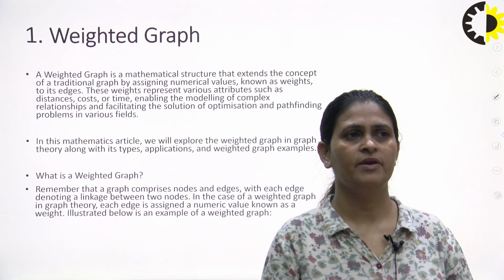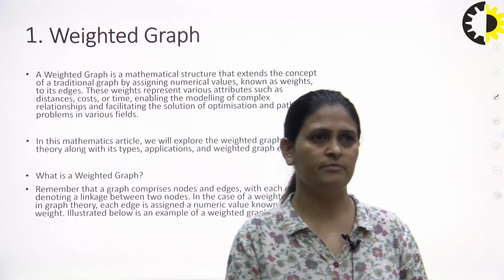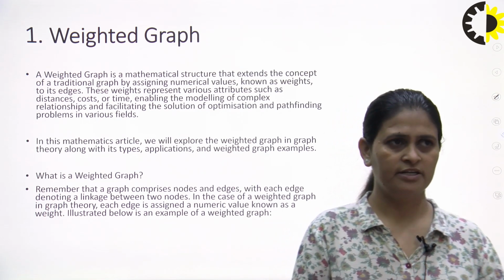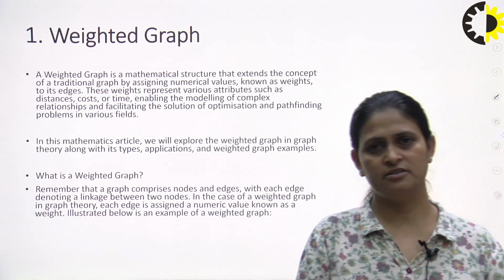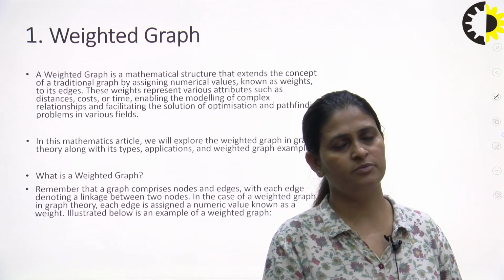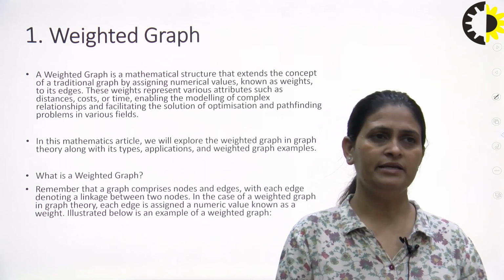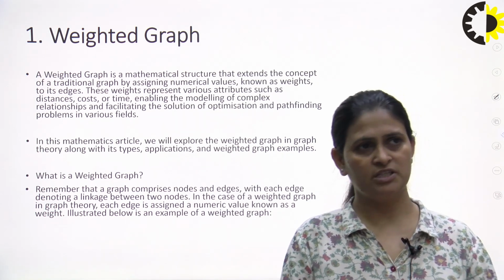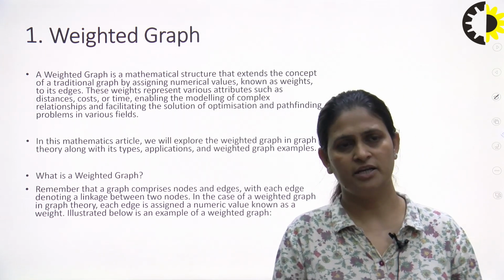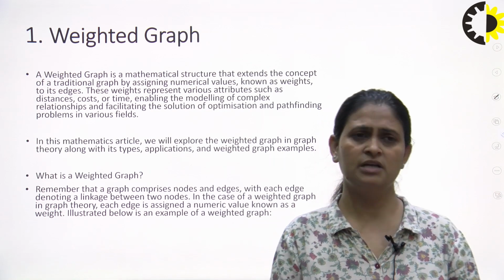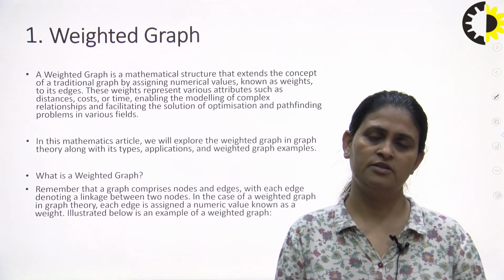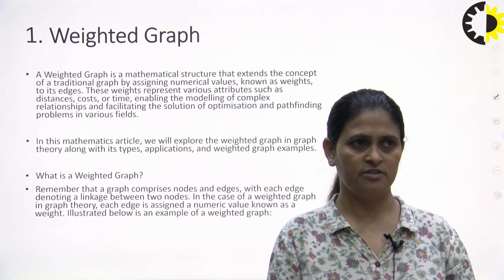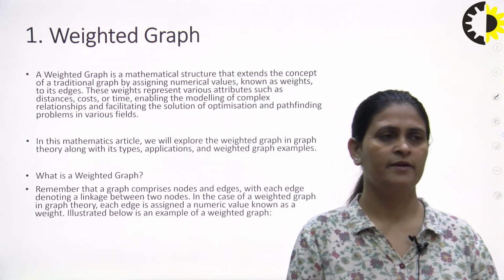Weighted graph. A weighted graph is a mathematical structure that extends the concept of a traditional graph by assigning a numerical value, known as weight, to its edges. In the weighted graph, we assign a distance, weight, or capacity to each edge.